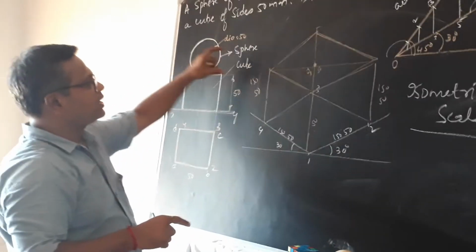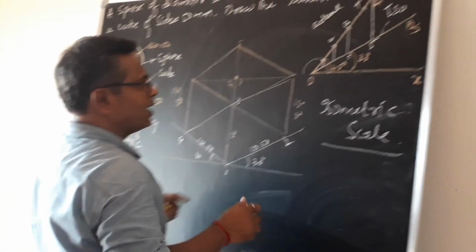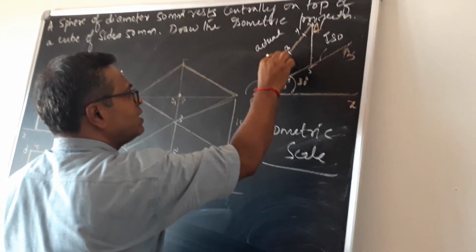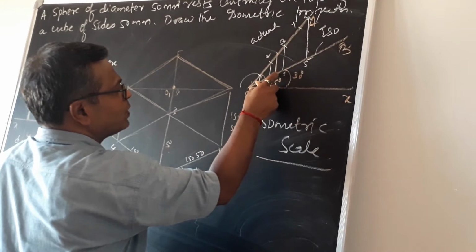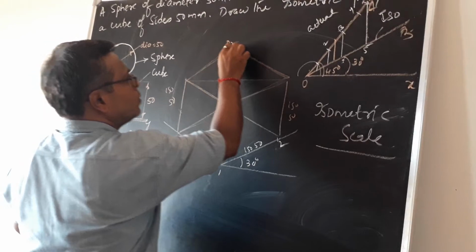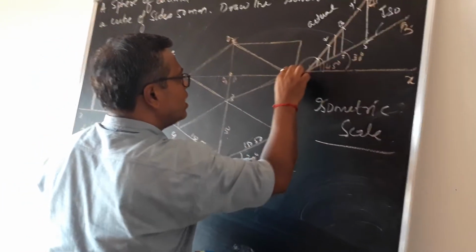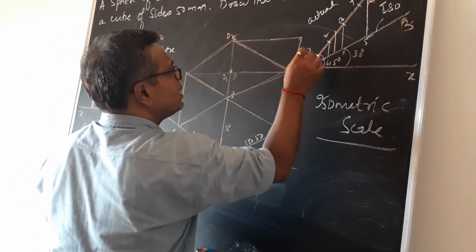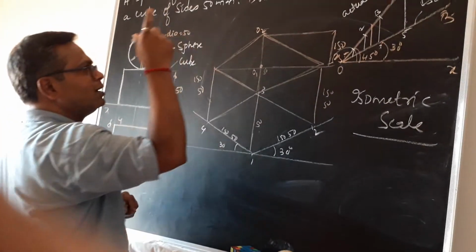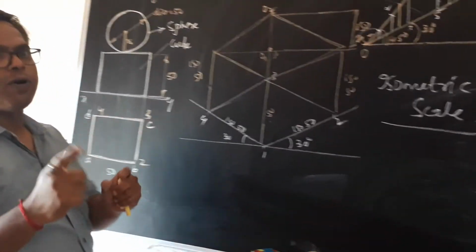You take iso 25 from O, measure actual 25 here, from here you draw a vertical line. You take iso length of 25 with O1 as center, mark O2, where O1 O2 is of isometric length of 25 mm.